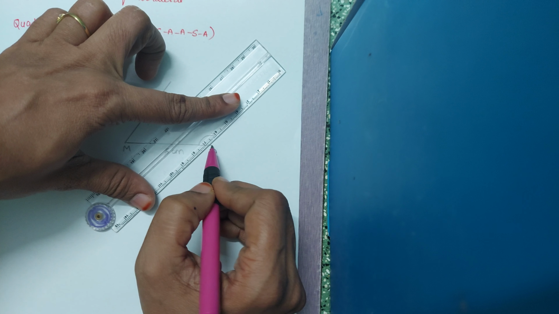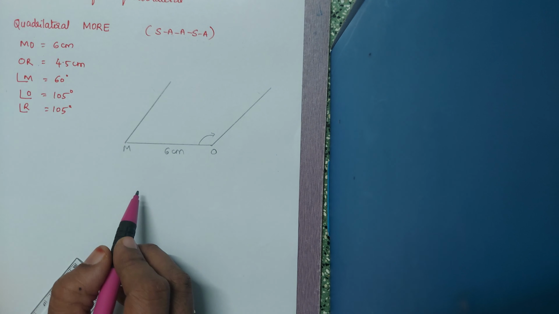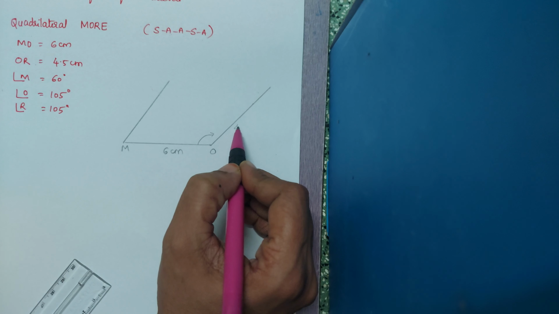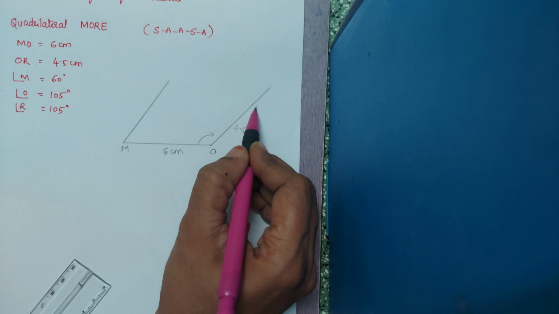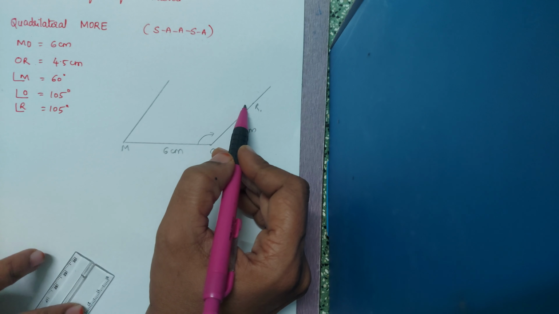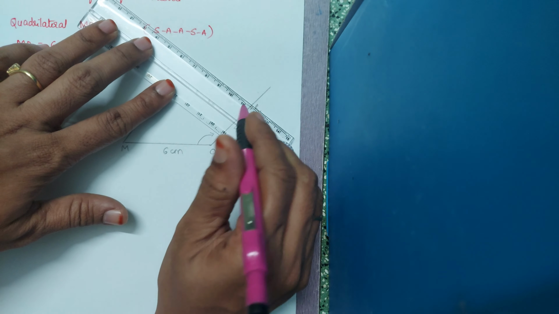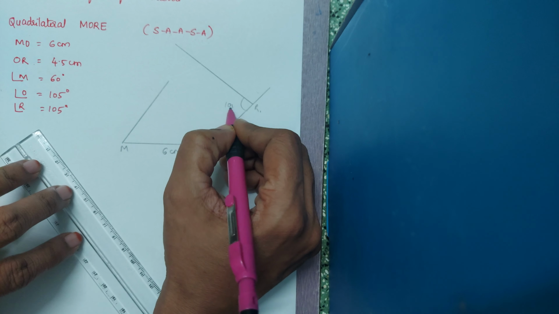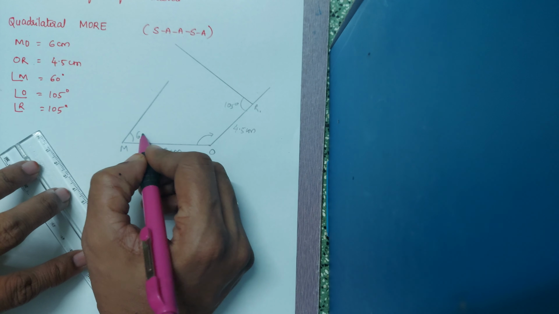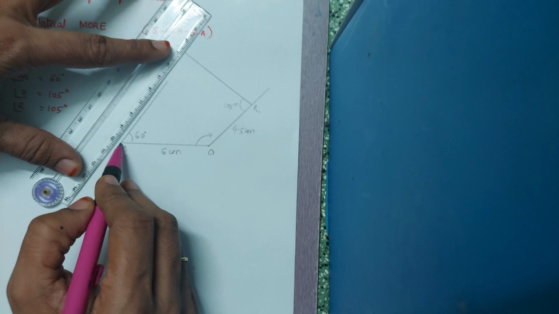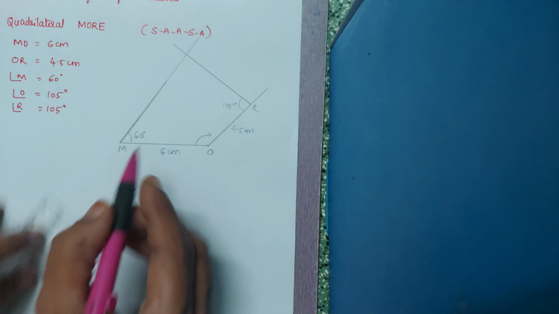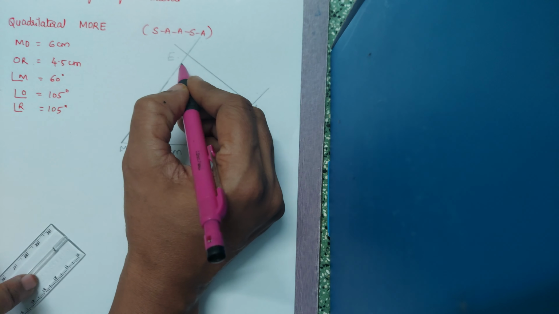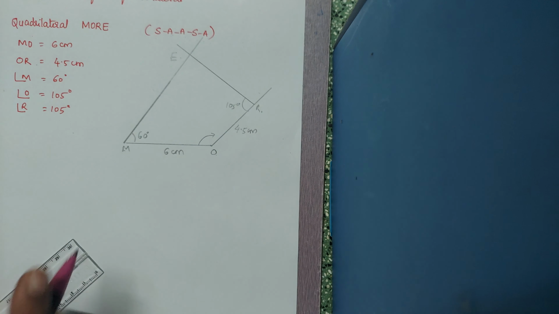Somewhere here. And OR is 4.5 centimeters. And angle R is again 105 degrees. This angle is 60 degrees. So this is MORE. This is your rough diagram.